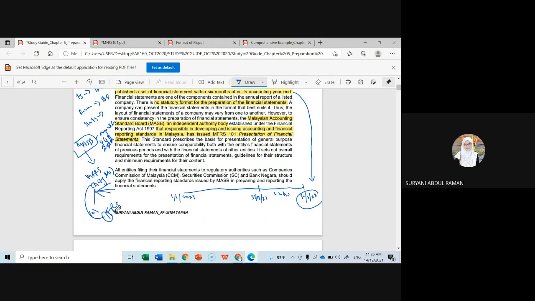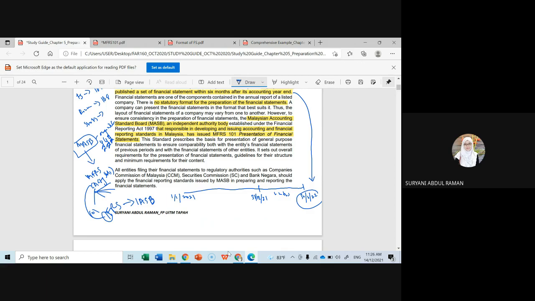So when it comes to Malaysia, the MASB customize it to suit the Malaysian culture. So frameworknya datang daripada International Accounting Standard Board, IASB. So IFRS is issued by IASB, International Accounting Standard Board lah. This is the world level lah.